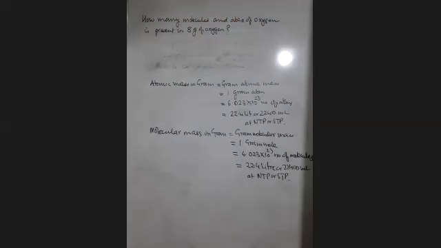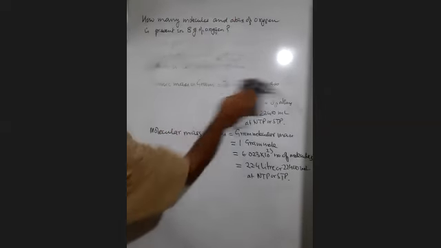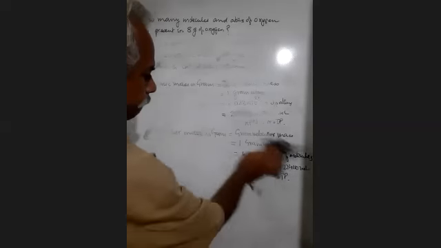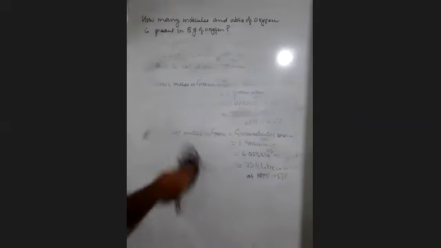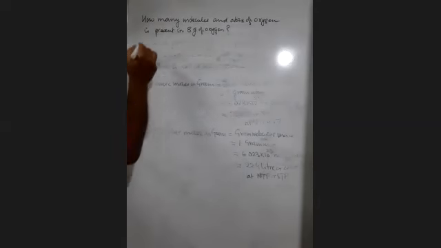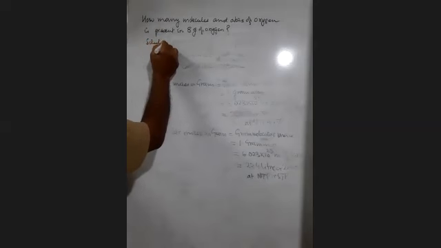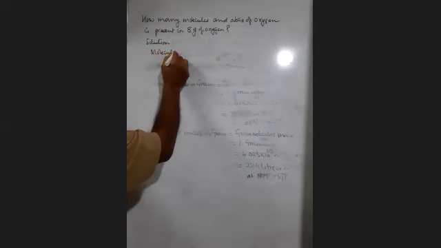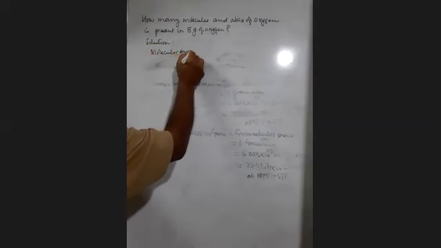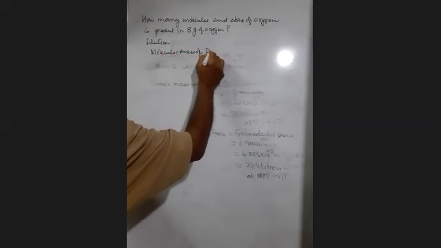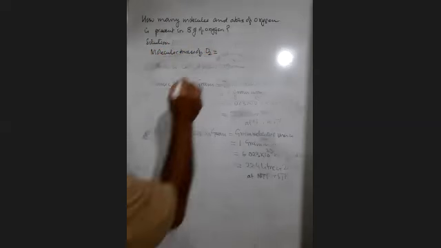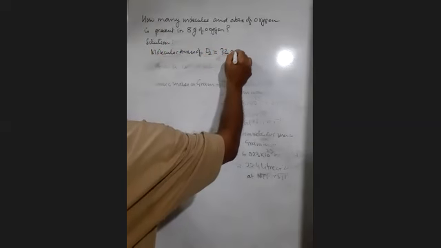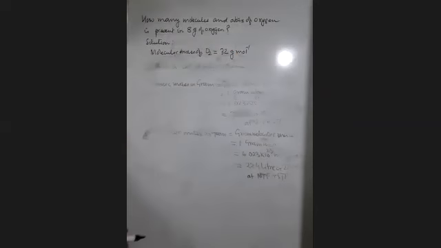Okay, so now we'll do. See here, molecular mass of O2 is 32 gram mole inverse. See, why do you write mole inverse? Because it is per mole.